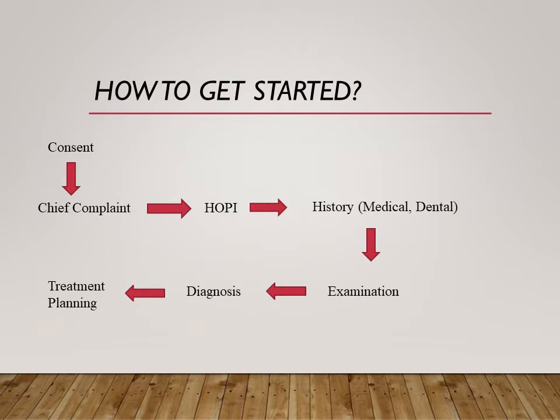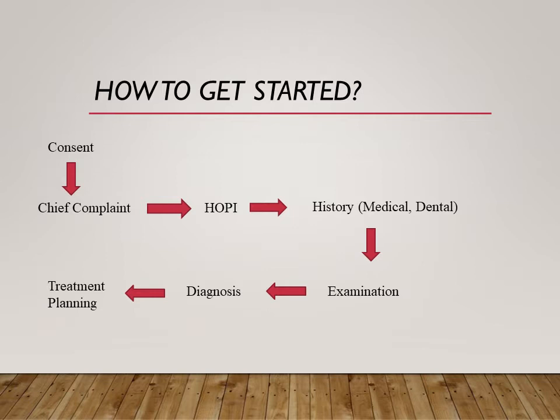Then you take a brief medical and dental history about the patient, so you get to know a little more about the patient in detail. You inquire about the patient's medical records, whether the patient has been hospitalized in the recent past, whether the patient is under medication for any condition, or whether there are any underlying systemic factors. The dental history is to figure out whether the patient has gone to the dentist before.